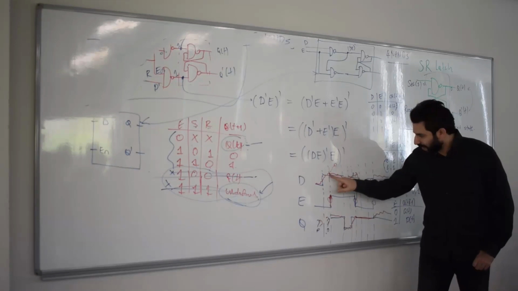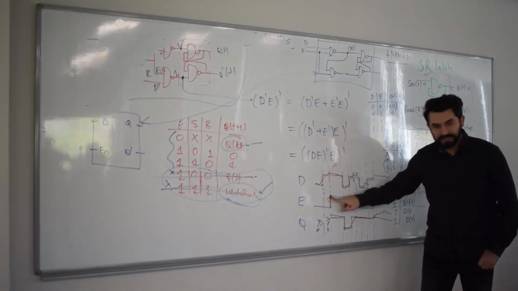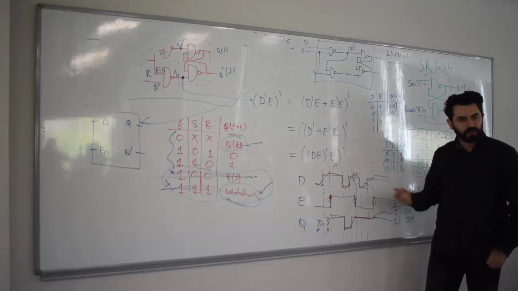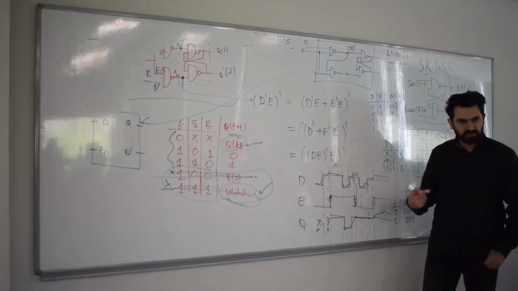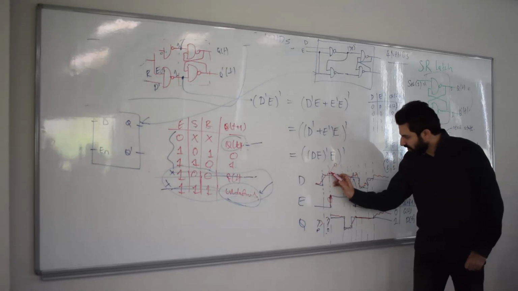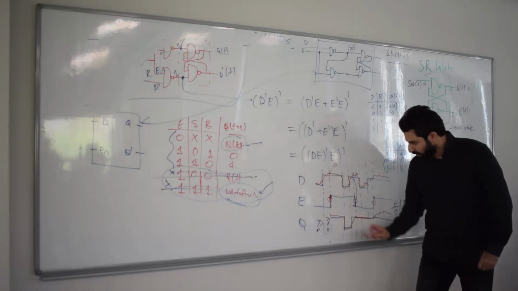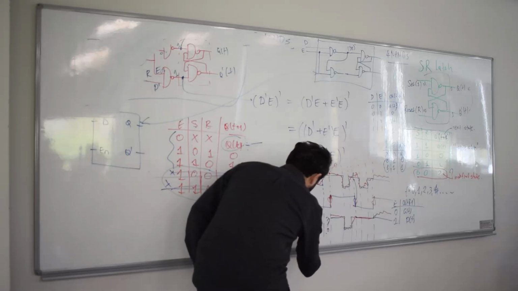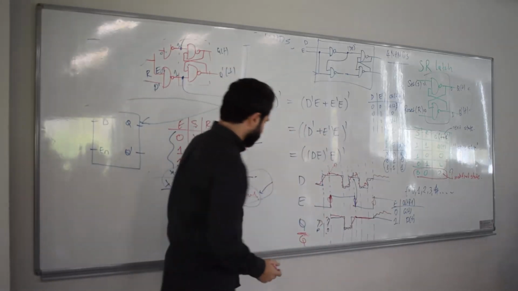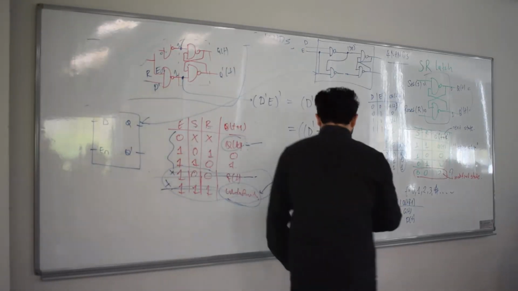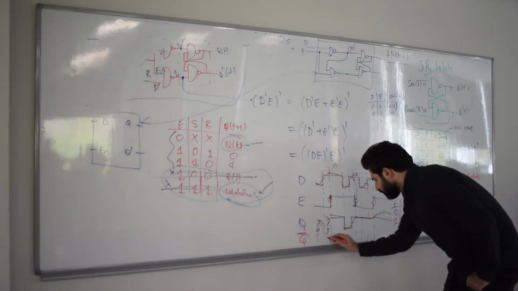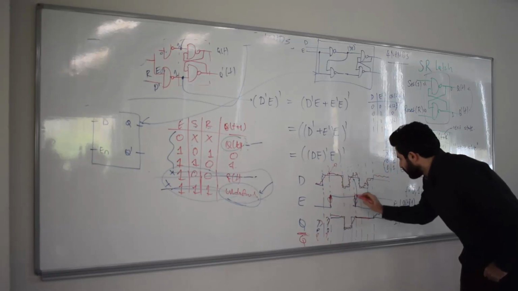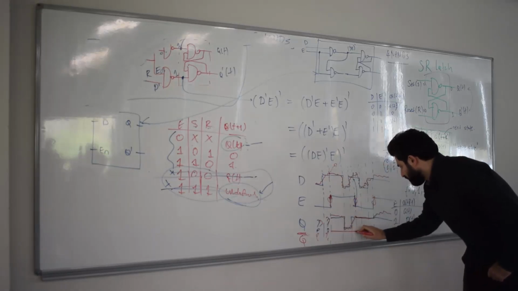And then you keep that value until you get another rising edge, which is right here, or maybe a falling edge. So you're going to keep this value. Let's just draw Q, that's my new Q in the rising edge mode. In the rising edge mode, I'm going to have question marks, and then this is going to be some value here, but I'm going to keep it right here, a specific 1.